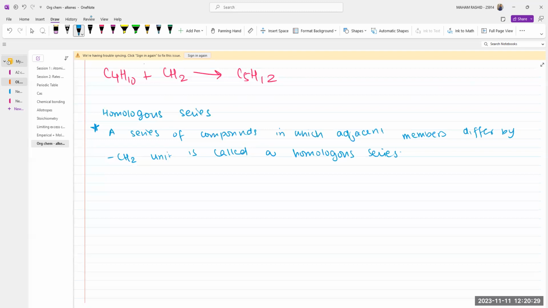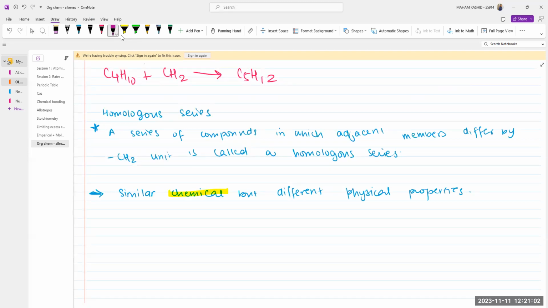Now there are properties for a homologous series. The first one is they have similar chemical but different physical properties. What do I mean by this? Similar chemical properties basically depend on the chemical reactions that happen between alkanes.